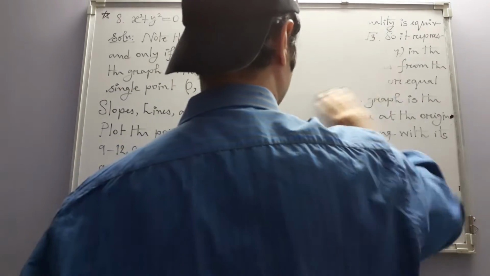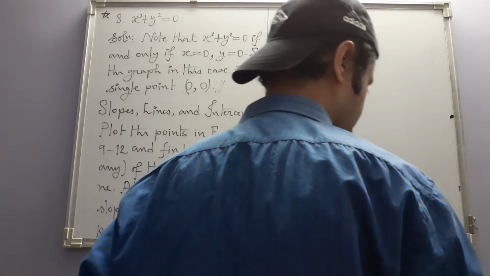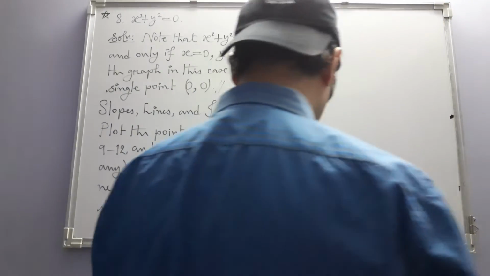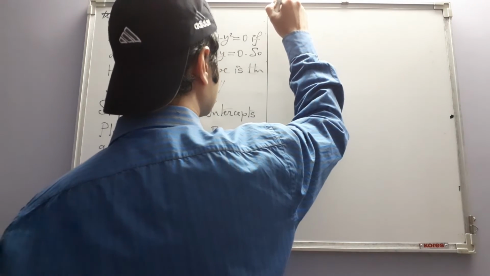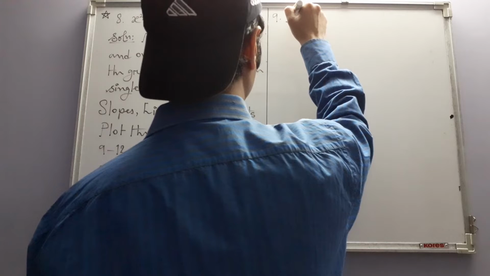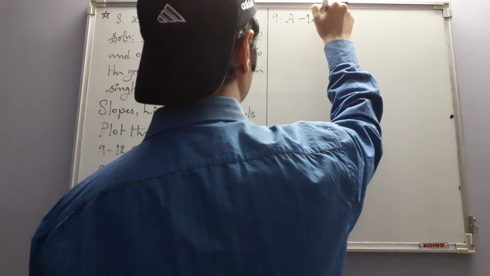First, let's take the exercises down, I mean the actual points. For 9, A has the coordinates -1, 2.